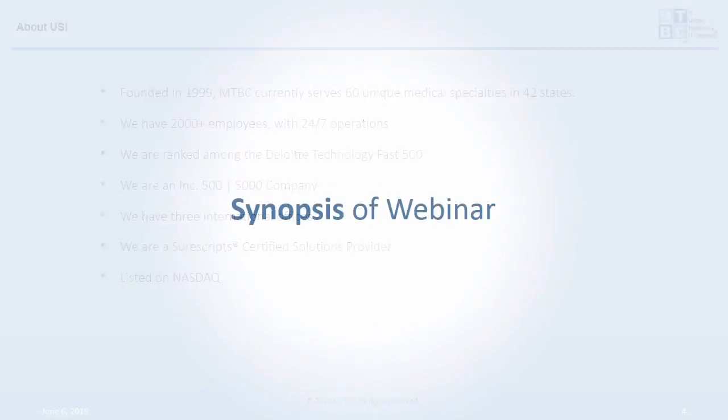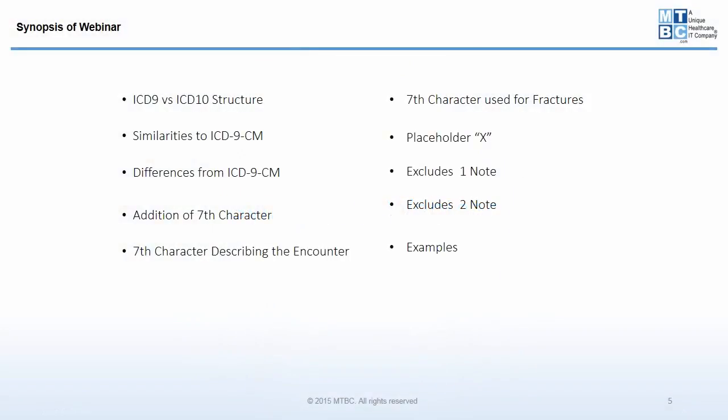Okay, so basically we're going to go over the basics and the comparisons of ICD-9 versus ICD-10. Here are the things I will be going over in the WebEx today: ICD-9 versus ICD-10 structure, the similarities and the differences between ICD-9 and ICD-10, and the addition of the seventh character describing the encounter.